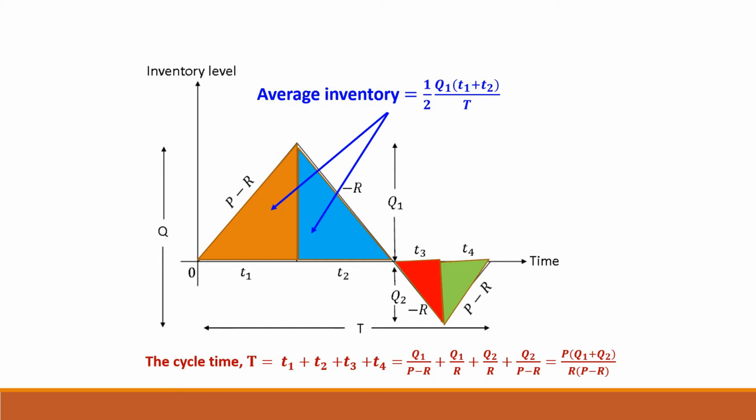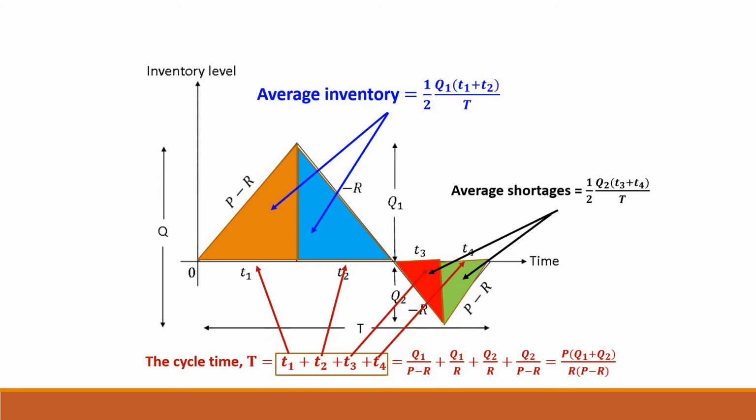Under production phase, area of the triangle is Q1 into T1 by 2. And non-production phase, it is Q1 into T2 by 2. So average inventory is 1/2 Q1 into (T1 plus T2) by capital T. And similarly, average shortage is equal to 1 upon 2 into Q2 into (T3 plus T4) by T.